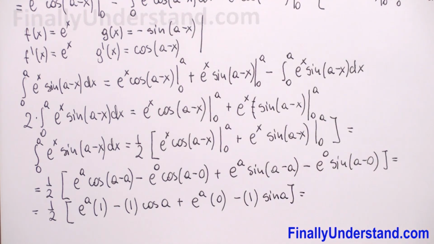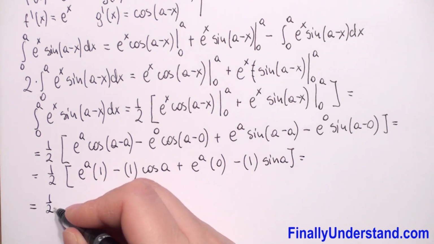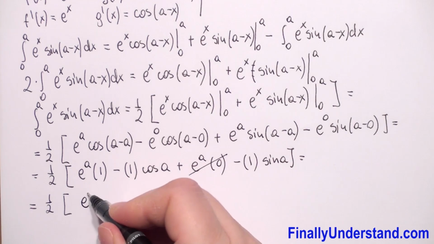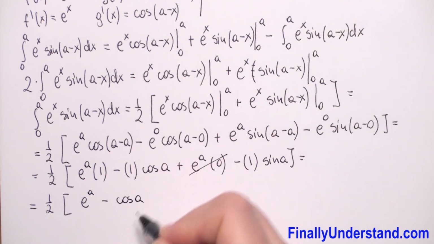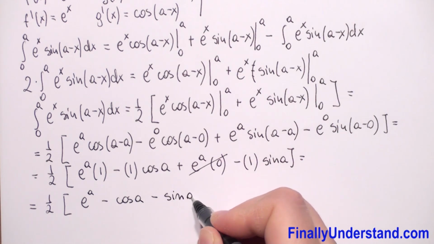So this is equal to 1/2, and in brackets we have e to power a times 0, we can reduce, so we have e to power a minus cosine of a minus sine of a.